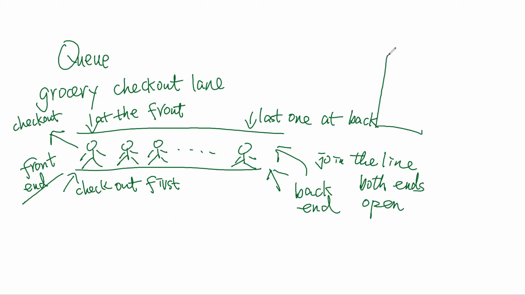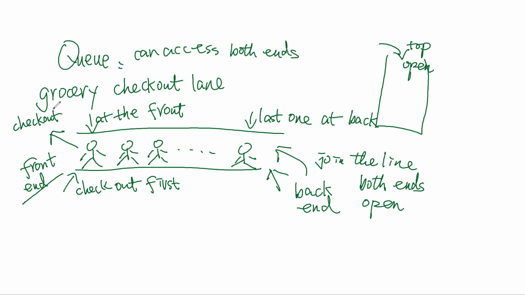Not like a stack, where only the top is open. So that's different. With a stack you can only access the top, but for the grocery checkout lane, the line, you can access both ends.